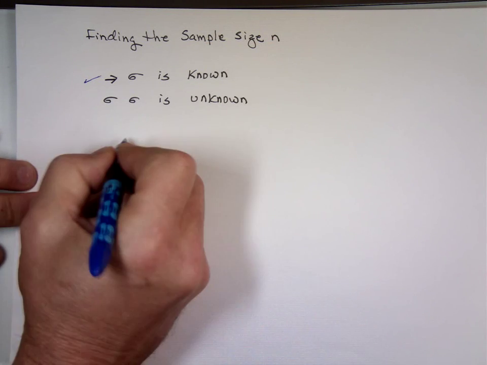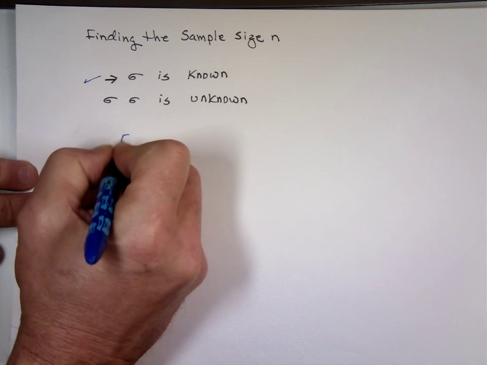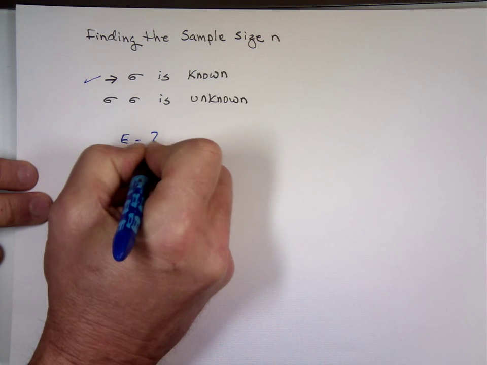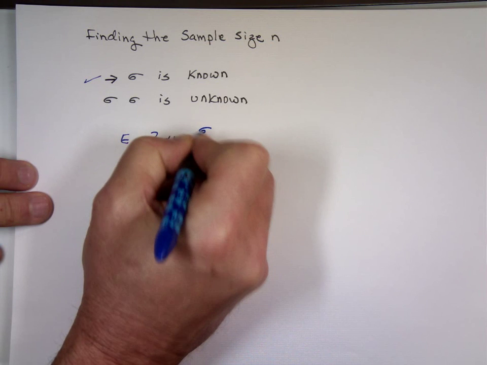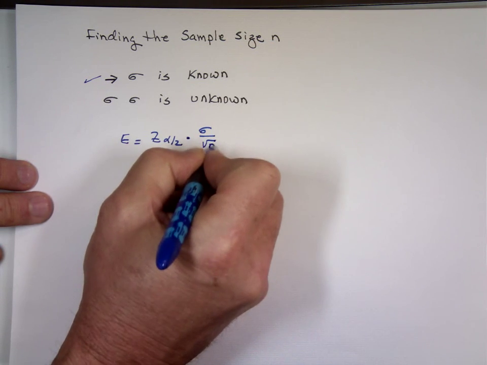Well, first, the equation for that, we're going to go back to that error, which is z alpha over 2 times sigma over the square root of n. That's the equation for the error.